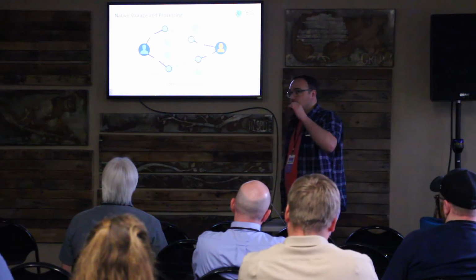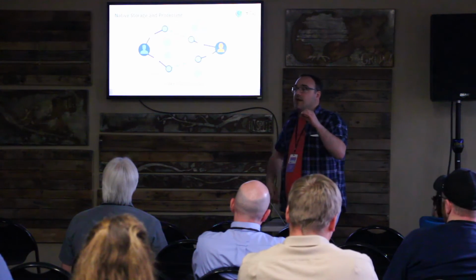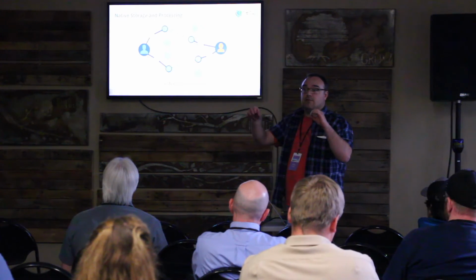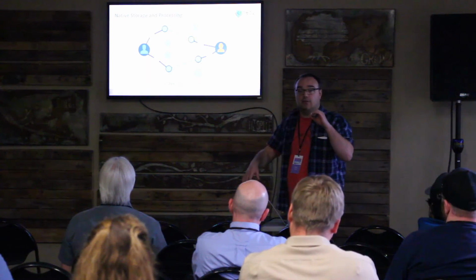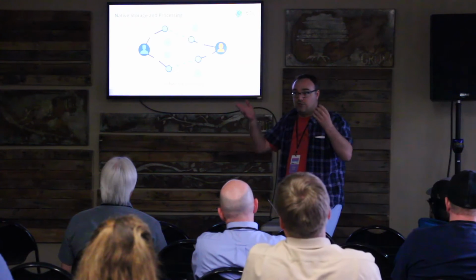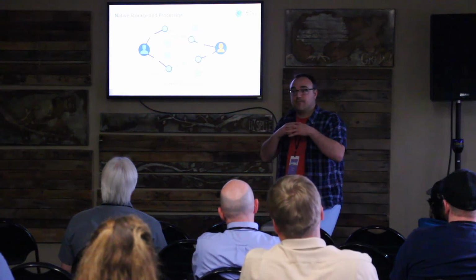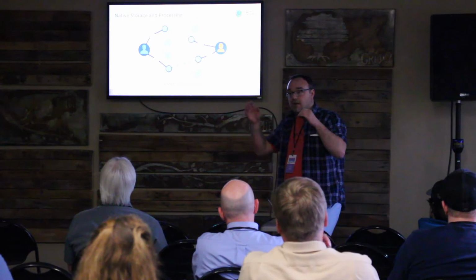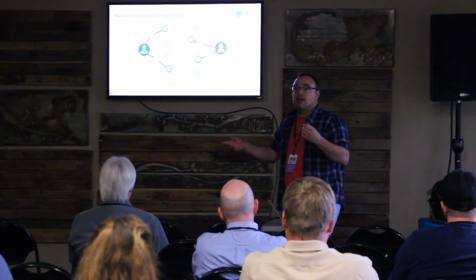So in order to go from one node in the graph to another node in the graph, you're hitting an index. In other words, you're going to another table and you're essentially filtering it and then joining it. In order to do that, you have to do an index lookup.